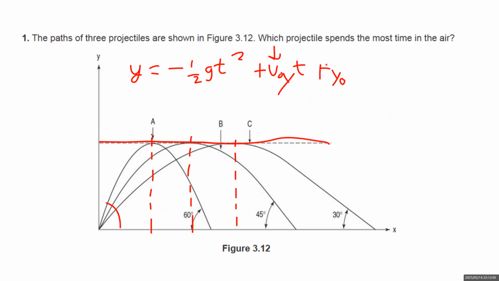Now, since we're starting on the ground, this y naught is 0. V of y is when we take the derivative here, and we see the familiar formula. I'm just calling it v naught y and not writing it in terms of the launch angle to show you how this only depends on v naught y.